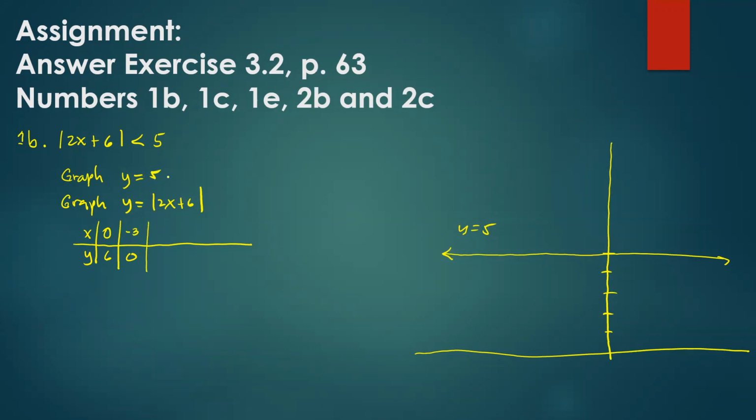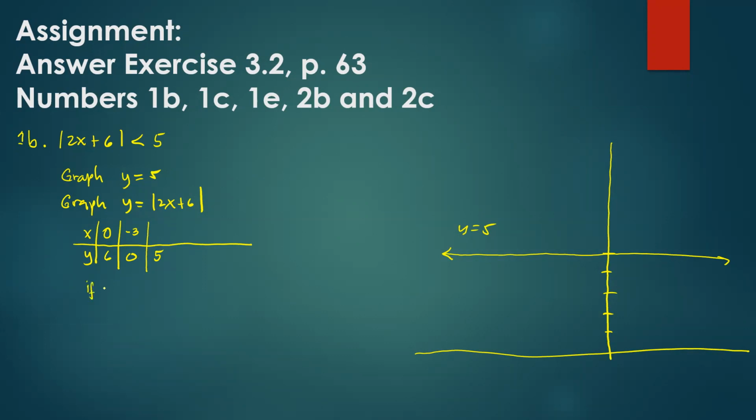Now, since we need to know the intersection of this modulus with our y is equal to 5, then let us set y to 5. Then solve for x. So you can have two values here, right?